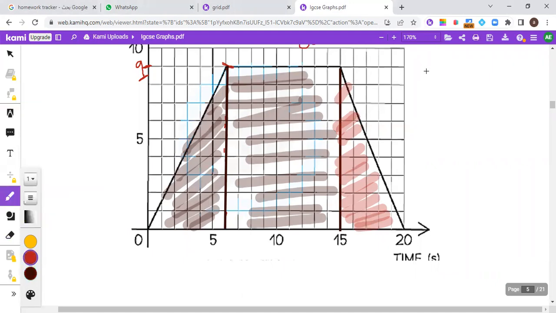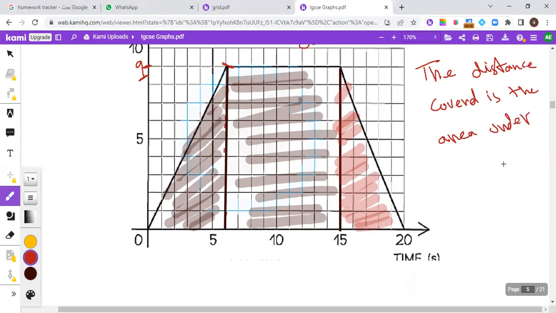So the distance covered is the area under the curve, which equals the area of the trapezoid, or trapezium.